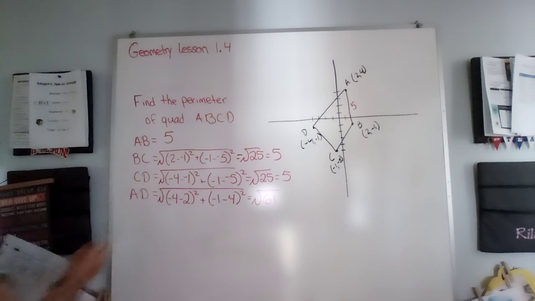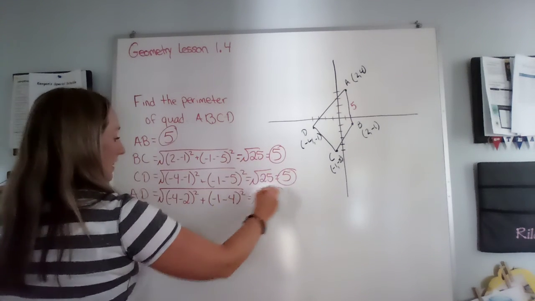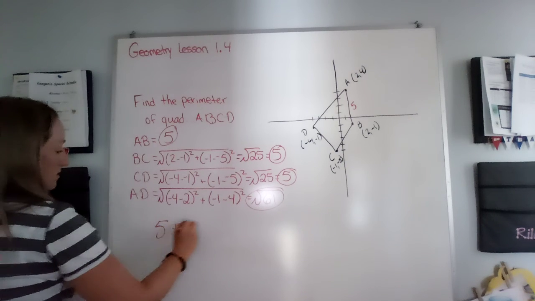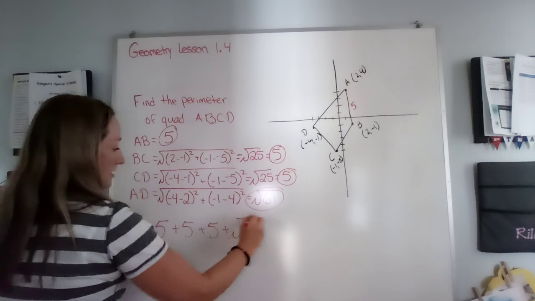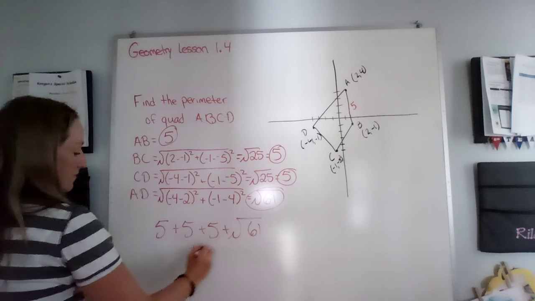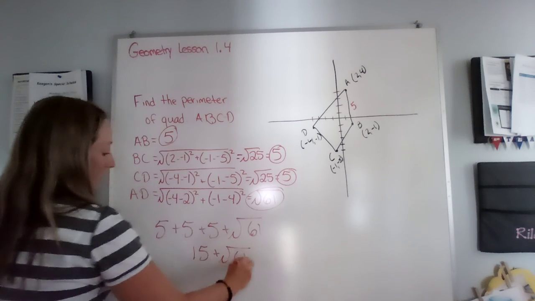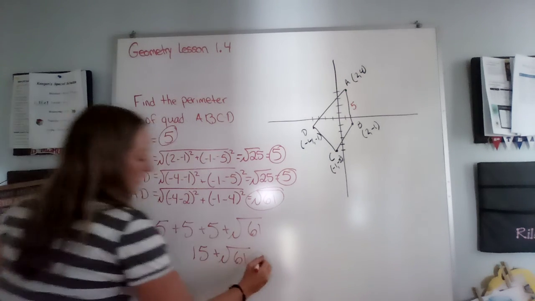So to find the perimeter, you have to add all the side lengths together. So your perimeter is going to be 5 plus 5 plus 5 plus the square root of 61. 5 plus 5 plus 5 is 15 plus the square root of 61. It's a perimeter problem, and I don't think units were given, so we'll just say units.